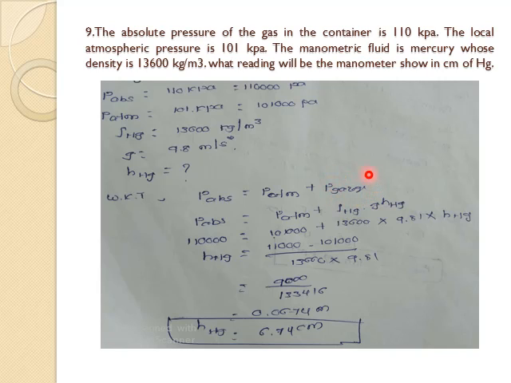We know that gauge pressure is measured with respect to atmospheric pressure, and we also know that atmospheric pressure is measured with respect to vacuum. So gauge pressure is also called the pressure which is shown, or measured, by the manometer.